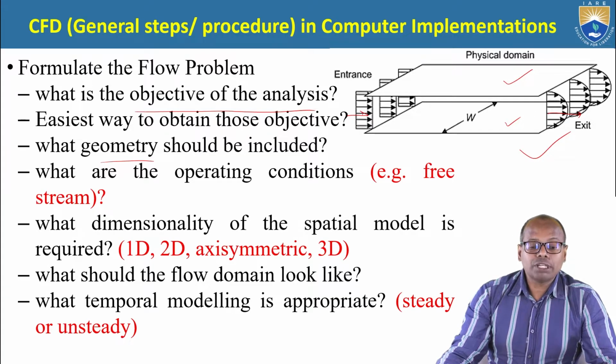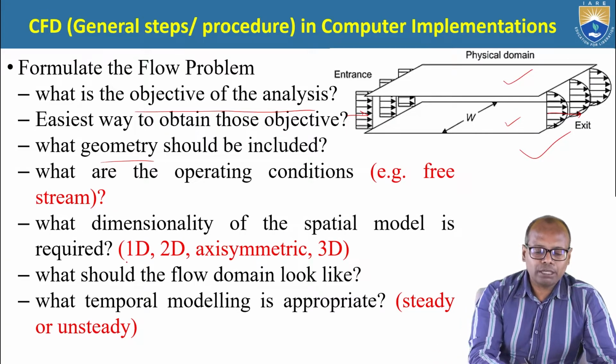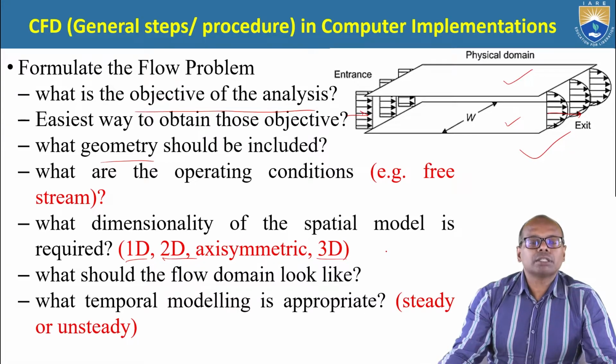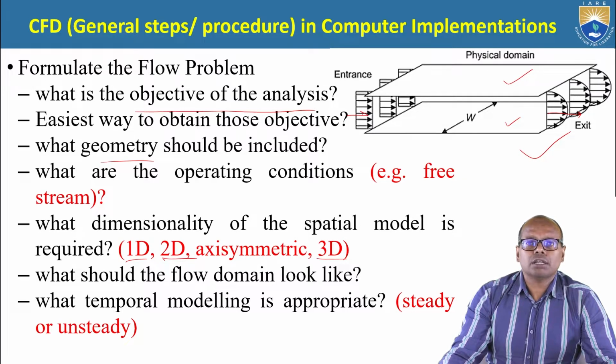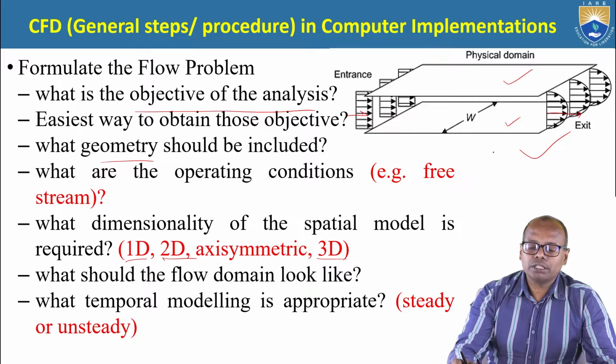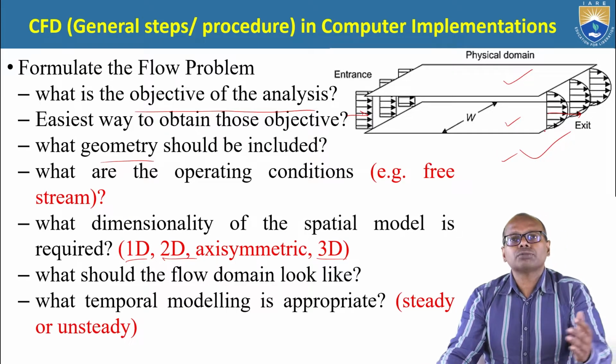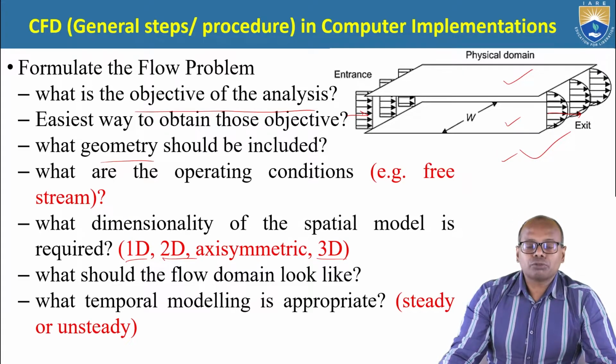Next, what is the easiest way to achieve the objective? Whether I have to do a one-dimensional, two-dimensional, or three-dimensional analysis. What are the operating conditions? Whether I have to take a free stream condition, or a pressure boundary condition, or what operating conditions are to be included in the problem. These are all the things we have to find out.